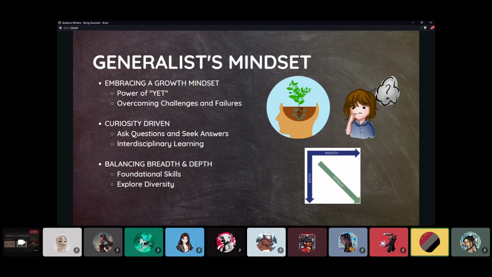Also, under embracing a growth mindset is to overcome challenges and failures. We emphasize the transformative power of confronting obstacles and setbacks, and it highlights the process of rising above adversity and turning failures into stepping stones for growth and success.